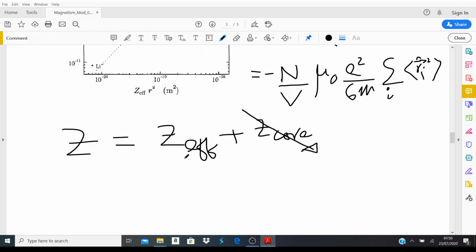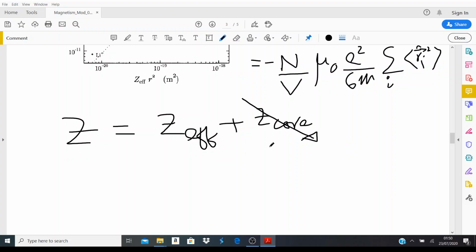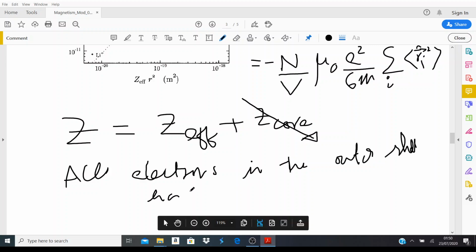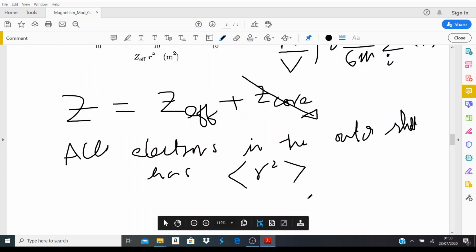So we need the Z effective. And let us assume that all the electrons we have in the outer shell of the atom have roughly a size given by the expectation value of some Re square.